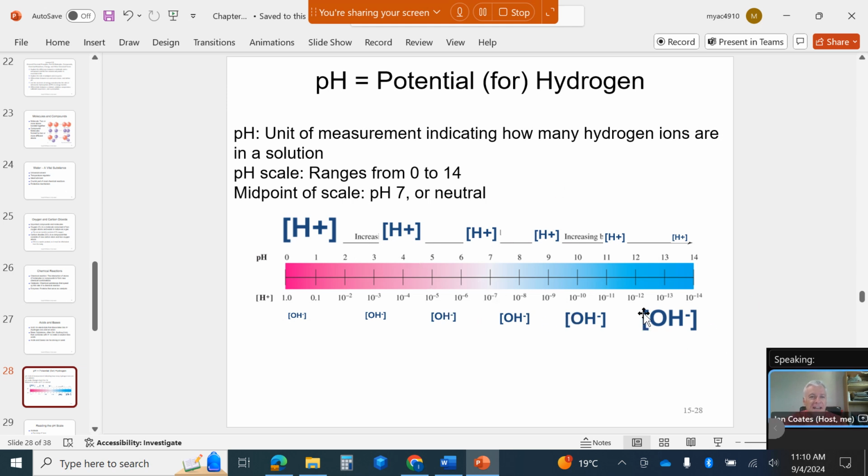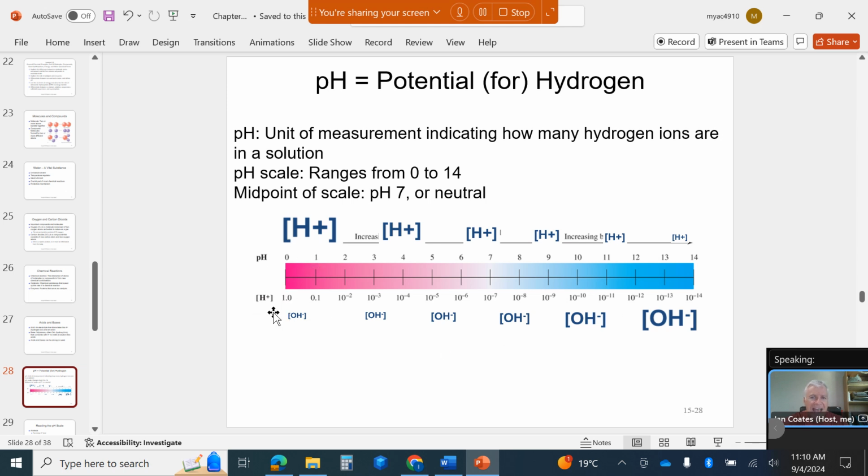Going on the other side of the scale here, any pH above 7 is what we call basic or alkaline. Okay, and you'll see here it's just the reverse. This is where the hydroxide concentration is much, much higher than the acidic concentration here. And again, when we're dealing with the ends, these tend to be dangerous. Like I would ask you, which is more dangerous, an acid or a base? Well, they're both dangerous.